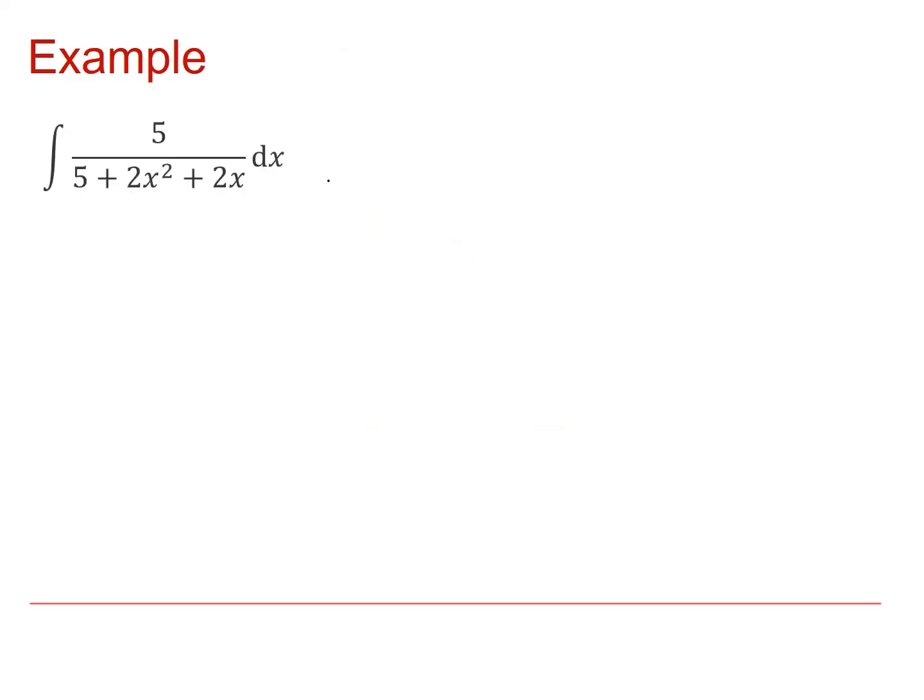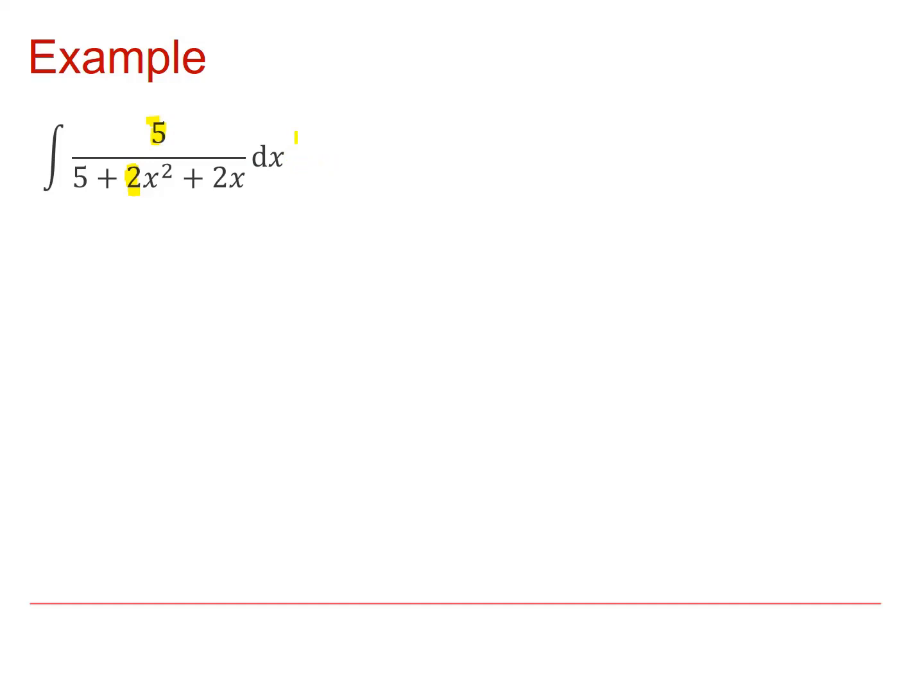Okay, so here's the integral. What can we do with this? Well, the first thing to note is I've got here 2 lots of x squared, and my standard integral only has 1 lot of x squared. So I'm going to take a factor of 2 out of the denominator. I've also got a 5 on the top, and again, in my standard integral, I have only 1 on the top.